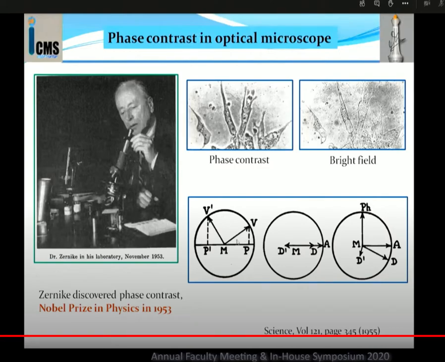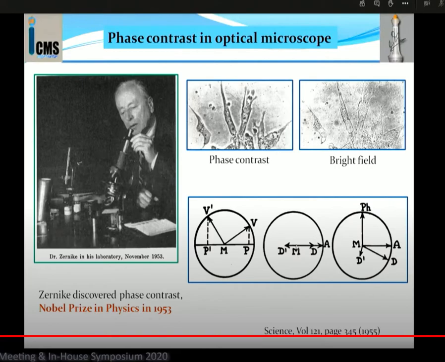You can understand how phase contrast works with the help of this phasor diagram. The waves are represented using the complex diagram, and the horizontal component is the amplitude, and the angle from the horizontal is the phase. If you have a strongly scattering sample, the amplitude changes, so the feature appears dark on a white background.